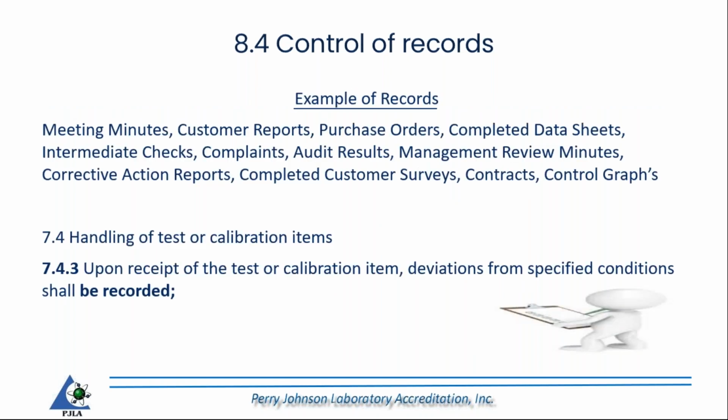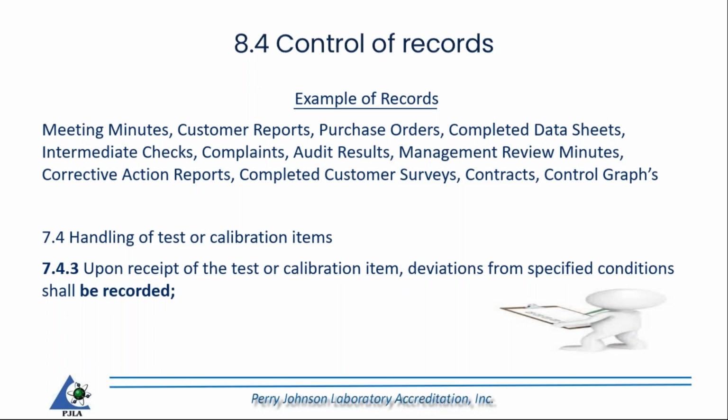So what are we referring to here? Records. Some examples may include what I have documented here. Could include things like meeting minutes, customer reports, purchase orders, completed data sheets.